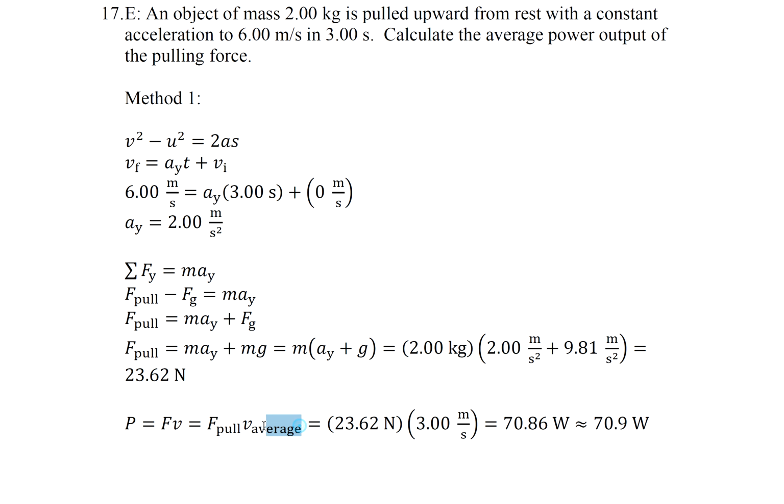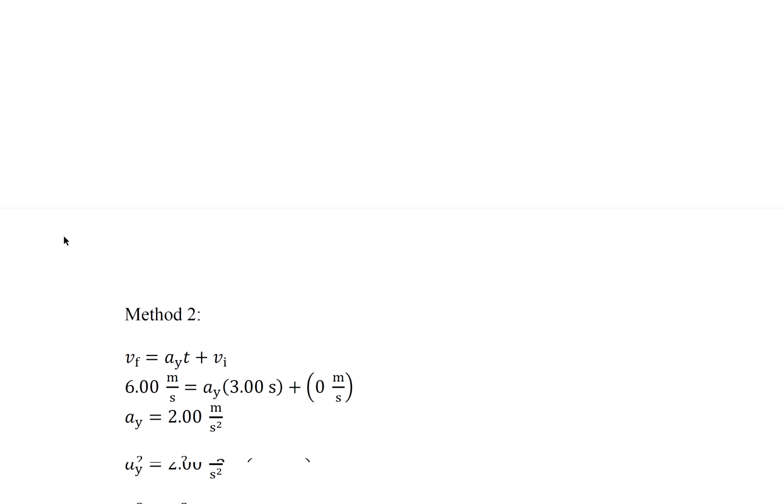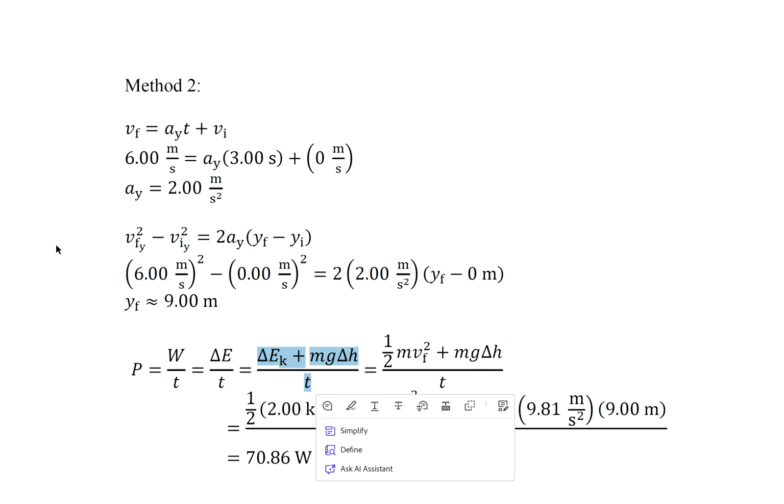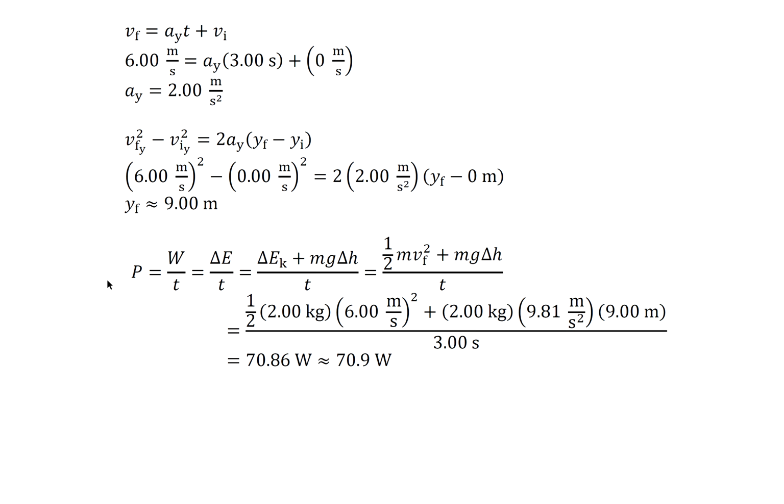So it says V average. Method 2, we could solve for a sub y. Then we could solve for y final. Then we could use this equation, delta E sub k plus delta E sub p in the numerator.